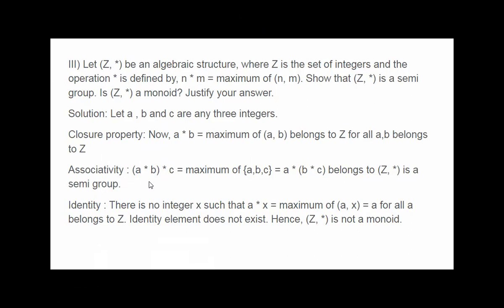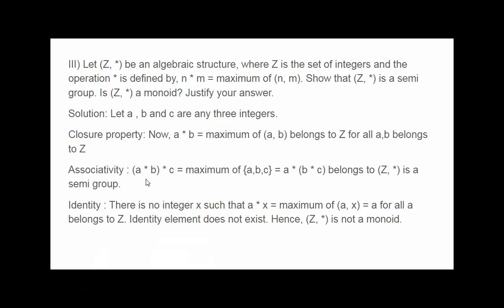Then for associativity, A star B star C is equal to the maximum of A, B, C, which belongs to Z star. So this is a semi-group also. Whatever the sequence will be, it is not going to affect.